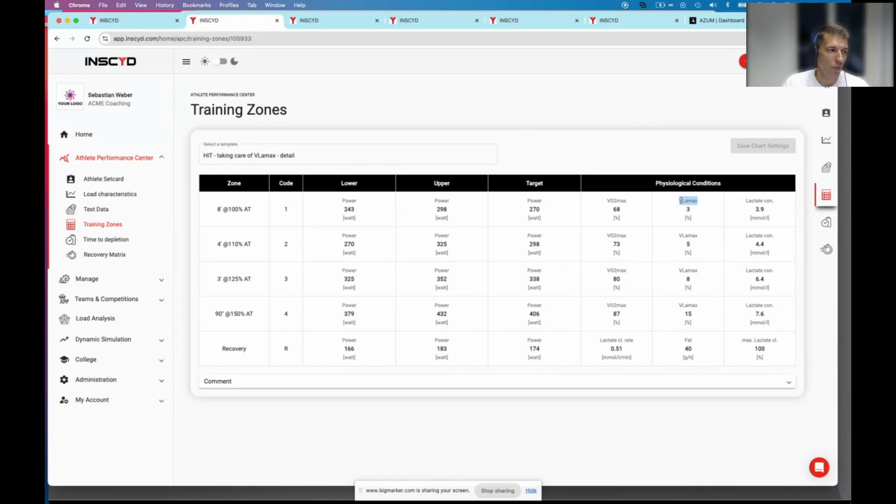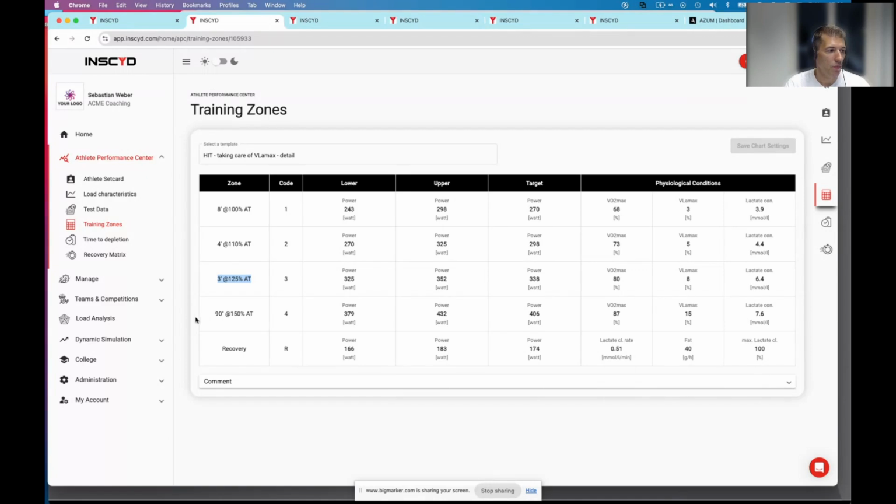Okay, so here are a few training zones with a specific duration. So staying at this zone for 8 minutes, just walking you through the table, staying at this zone for 4 minutes, staying at this zone for 3 minutes, and so on and so forth.